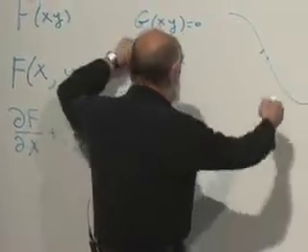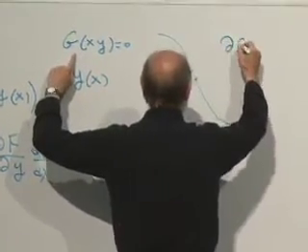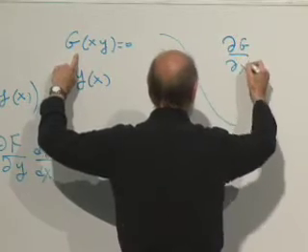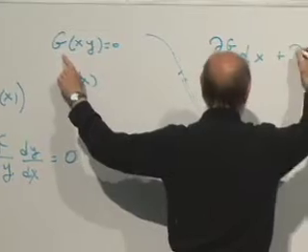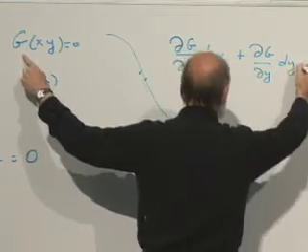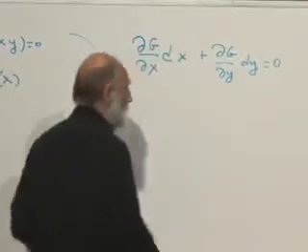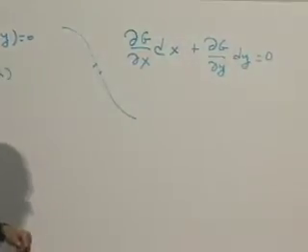So I can write the following equation. Along this curve, the derivative of g with respect to x times dx plus the derivative of g with respect to y times dy is equal to 0. That says g doesn't change when I make a small differential displacement.